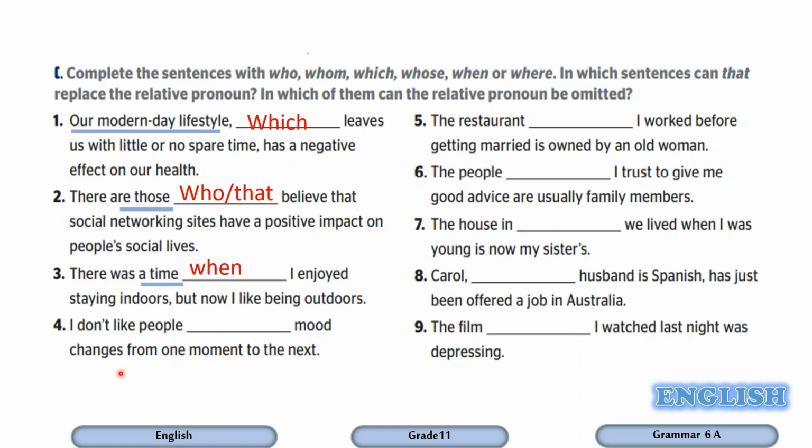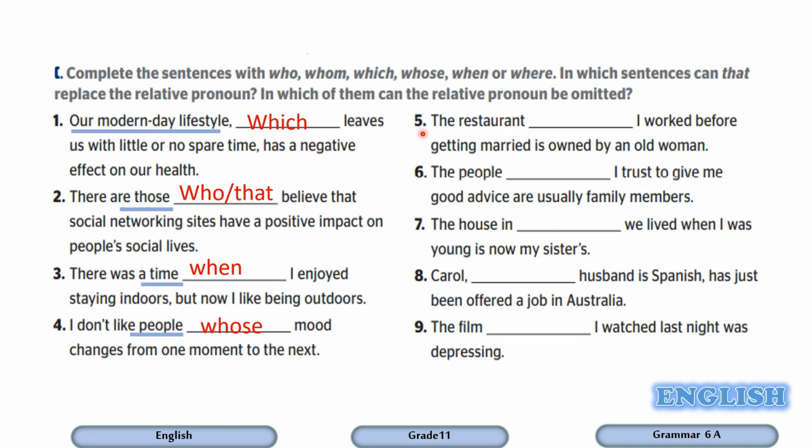Number 4, I don't like people whose mood changes from one moment to the next. We are talking about the mood of people, which is possession, and the pronoun that refers to possession is whose.